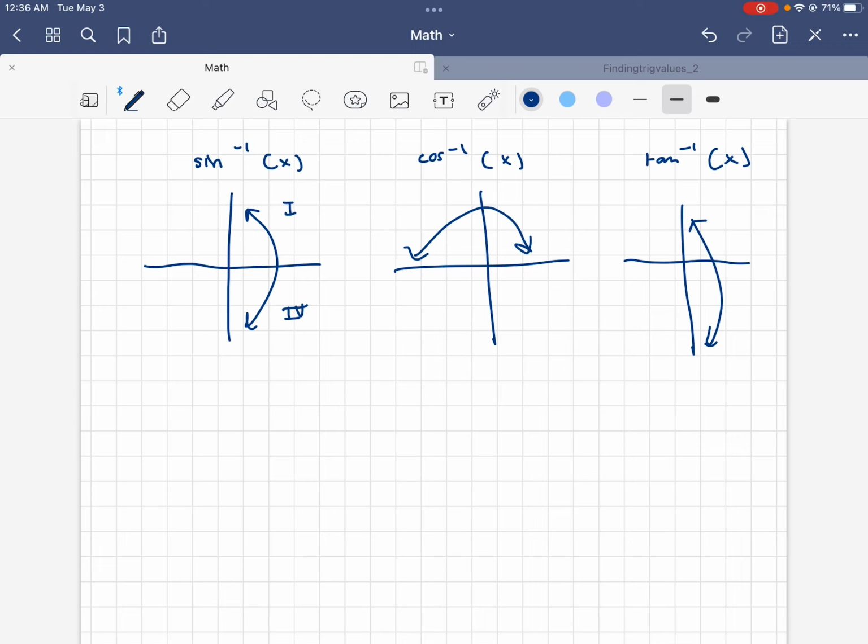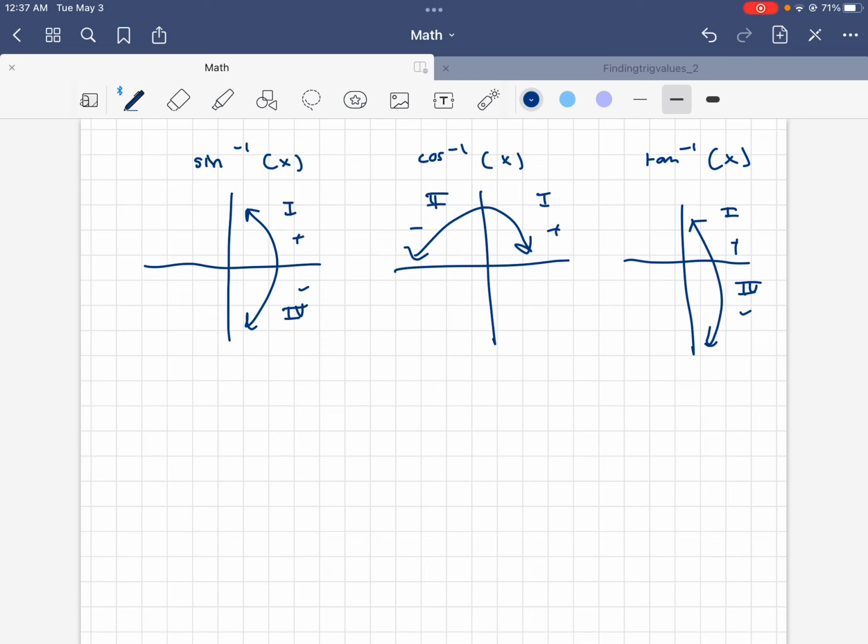Up here it's positive, down here it's negative. We're going to keep that in mind when we do these problems right now.